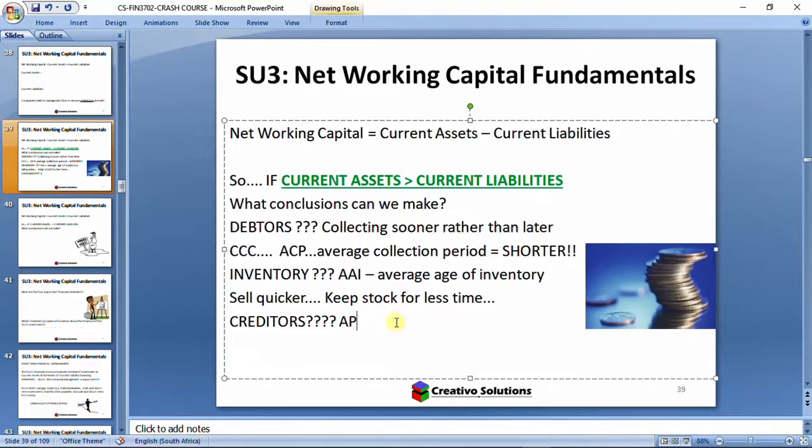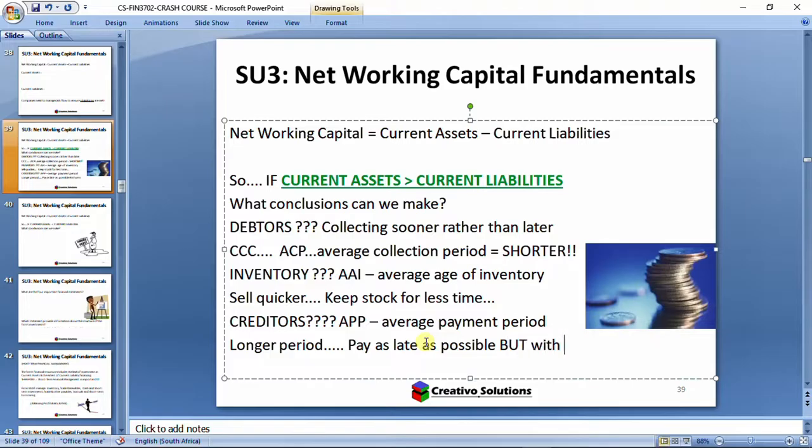Creditors is APP, average payment period. Talk to me about that one. Well, I think you'd want a longer payment period. Good. Yes, longer period, pay as late as possible, but without incurring additional costs.